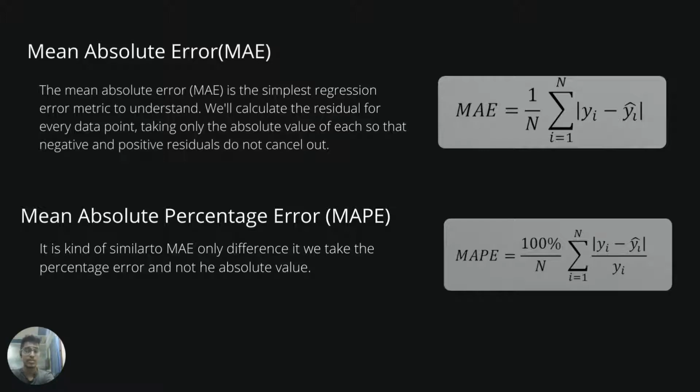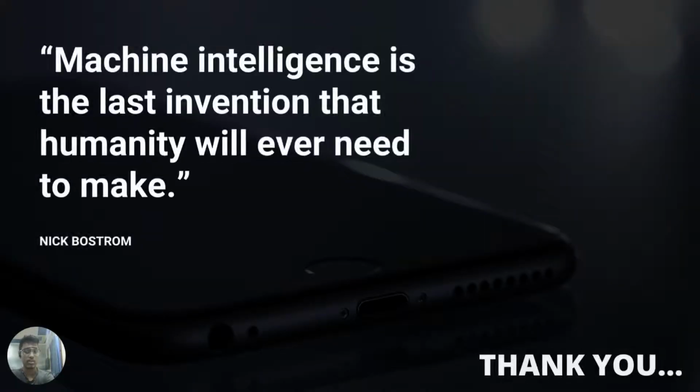And that's pretty much it about the formulas we use in linear regression. Before we conclude, I just want you to look at this. This is a beautiful quote given by Nick Bostrom: machine intelligence is the last invention that humanity will ever need to make. This is something we need to think upon when we create a machine learning program or device.